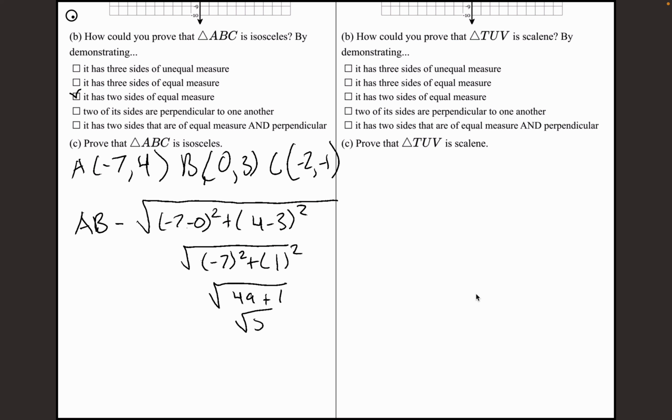That gives me square root 50. Can I simplify square root 50? What can I take out? 25 and 2. And what's the square root of 25? So what's AB's answer? Okay, there's AB. Now I need to do the same thing for BC and then AC.